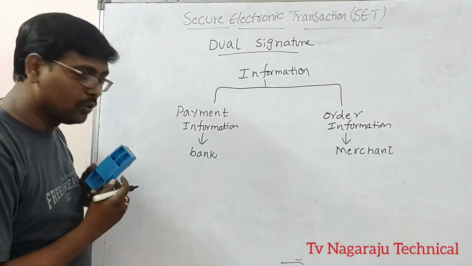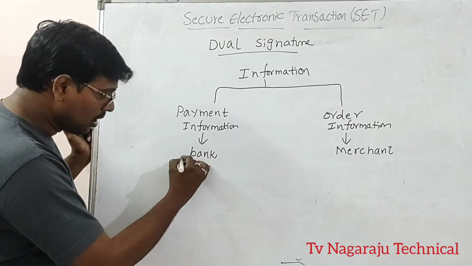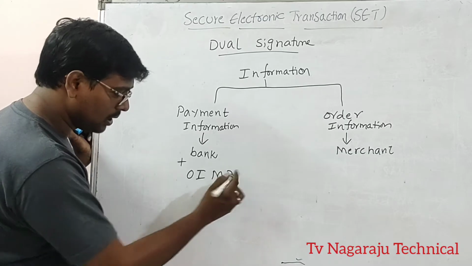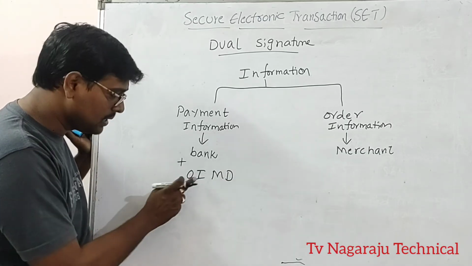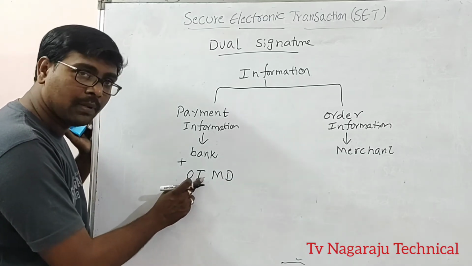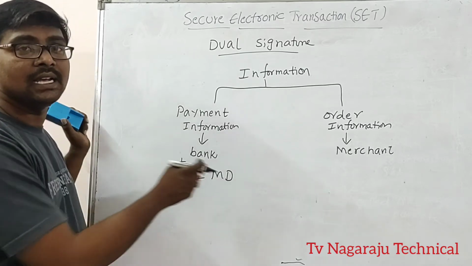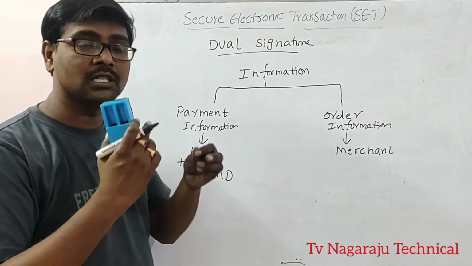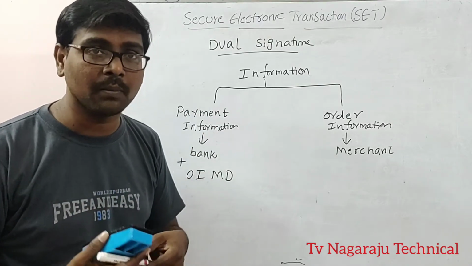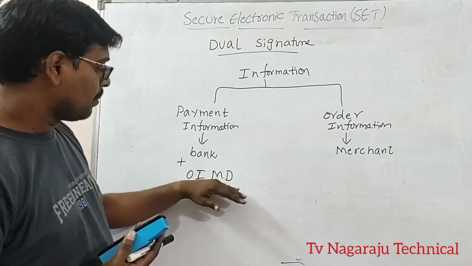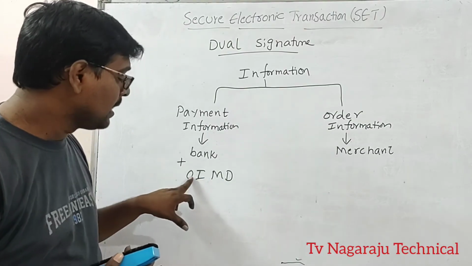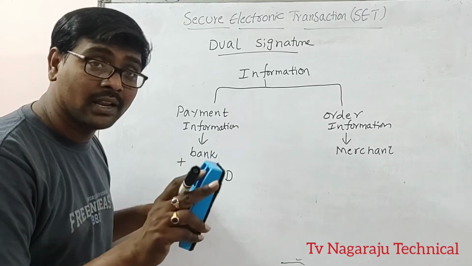Suppose, to avoid ambiguity in any situation, along with this one, it transfers OIMD. OIMD means order information message digest. Here, payment information is directly sent in plain text format. This is required, but in some cases, if it is required, that is the reason the order information is not sent directly.